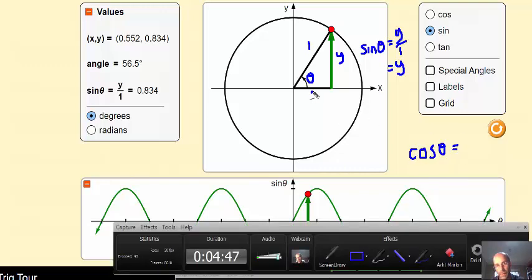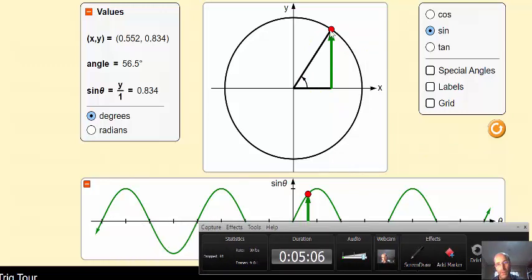And that would be, there's the adjacent, x over the hypotenuse 1, or just x. So that's from the previous video.